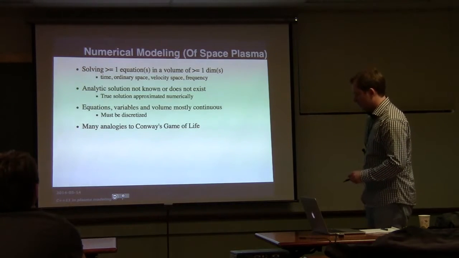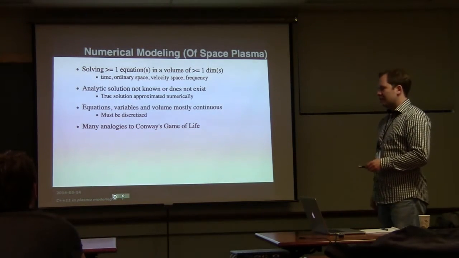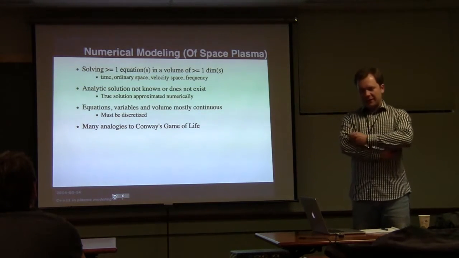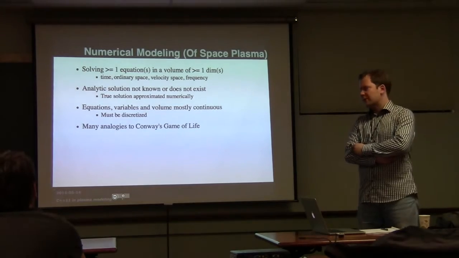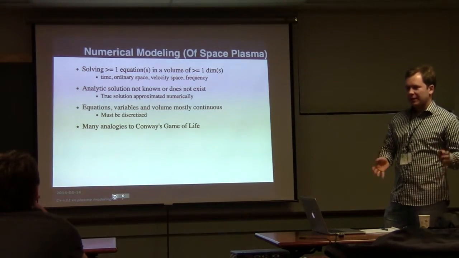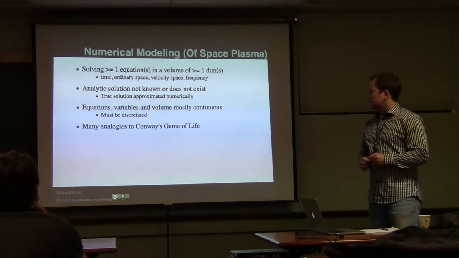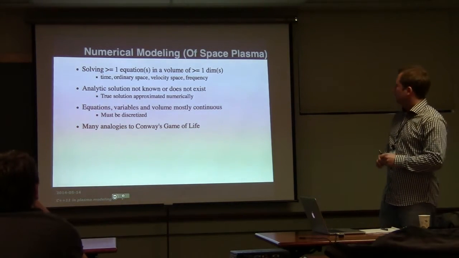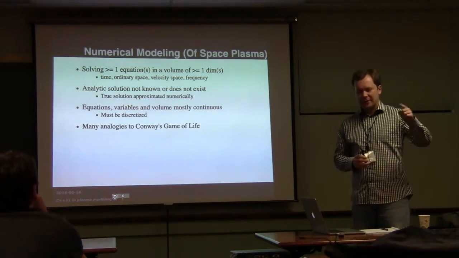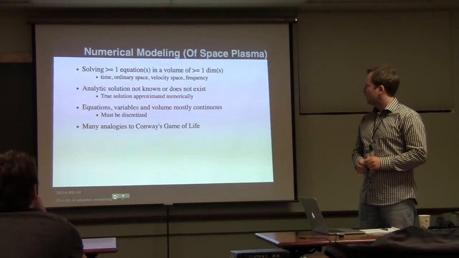And so then numerical modeling, for example, of space plasma, basically you numerically solve one or more equations in some kind of a volume representing some physical system. It's up to 6 dimensions if you, for example, have a particle with position and velocity. So that's a 6-dimensional system right there.